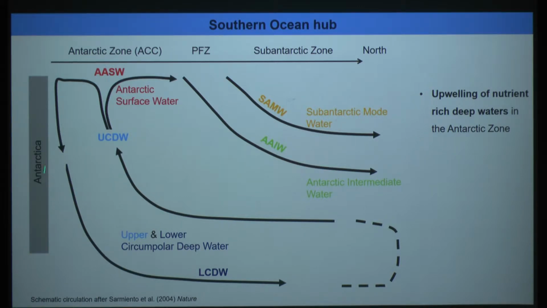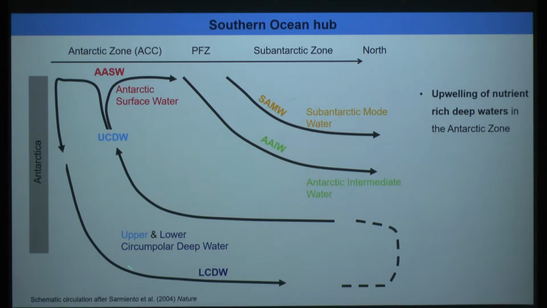And so we have Antarctica on the left here, well, or in the south. And then you have this Antarctic zone where you have this Antarctic Circumpolar Current. And in this zone you have pretty much Antarctic surface water that sits at the top. You have upper circumpolar deep water, and this one brings nutrient-rich deep waters up from the deep ocean towards the surface.